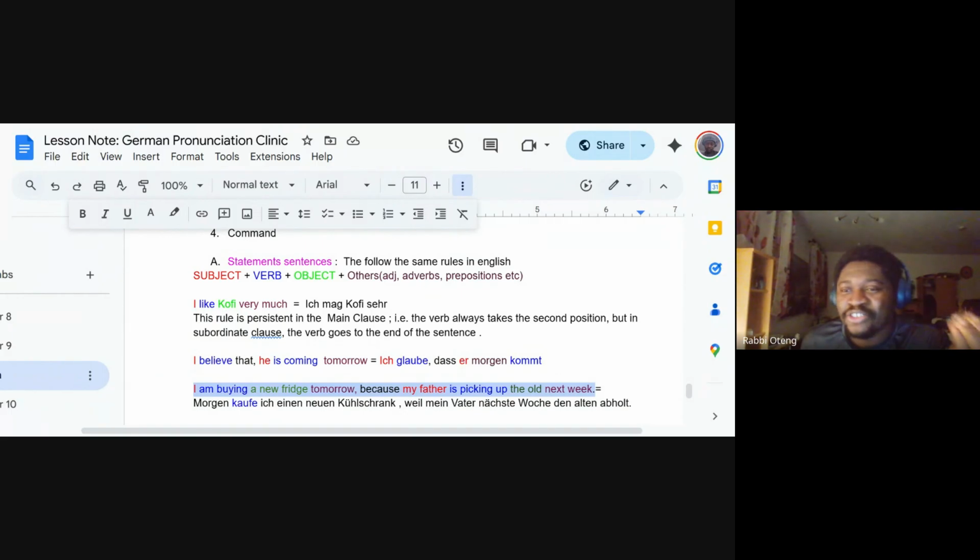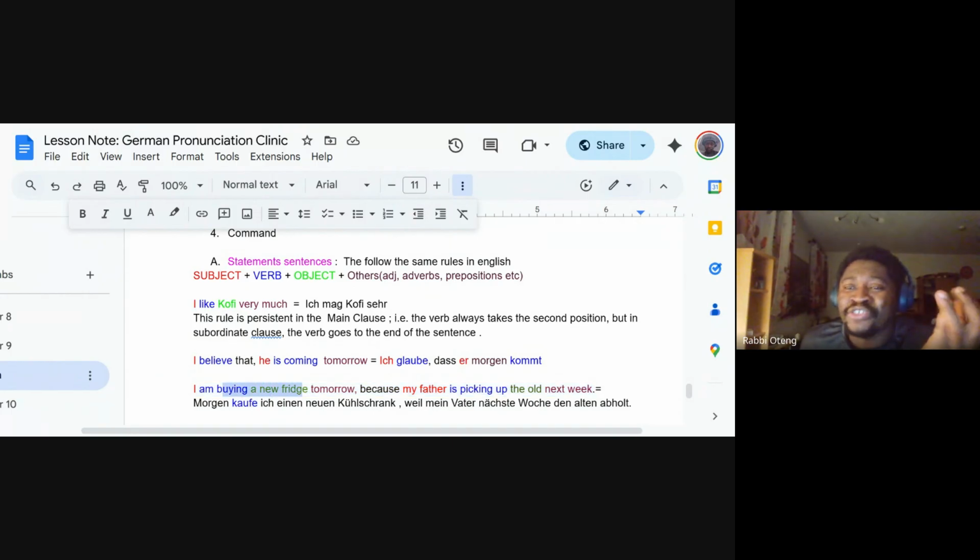So the sentence structure is very important. Once you get it, you always know when to put what things. That's why I always say try to make longer sentences, even when you don't know the German word.